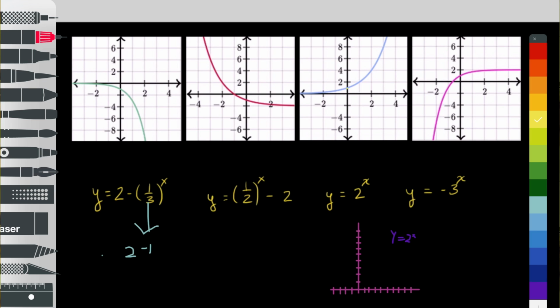So how about when x approaches something really big, like, let's say, 1,000. (1/3) to the power of 1,000.